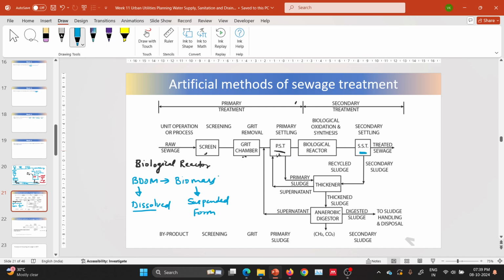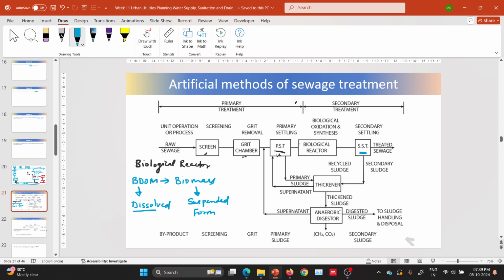So these are the secondary solids; primary solids are already present, and secondary solids produced in the biological treatment are removed in the secondary settling tank, and the effluent is further treated. The effluent is called treated sewage, and that can further go for the tertiary treatment where we can remove nutrients, or we can go for further polishing of the treated sewage.